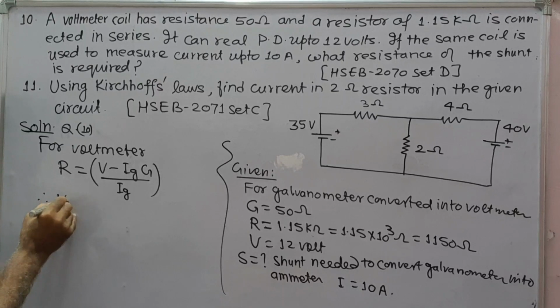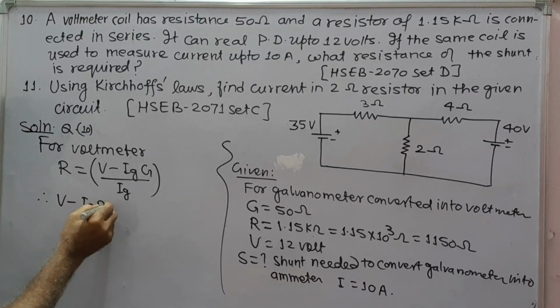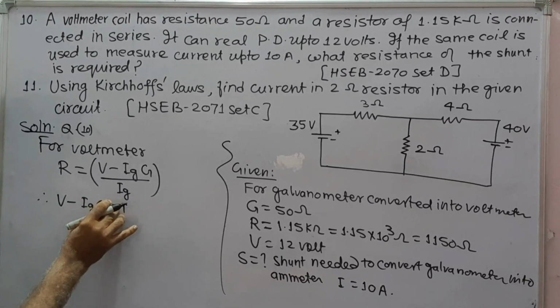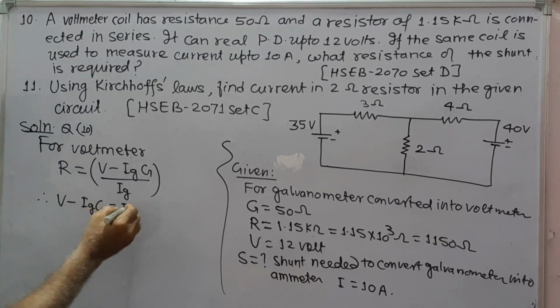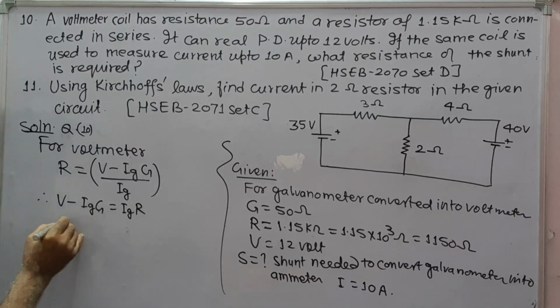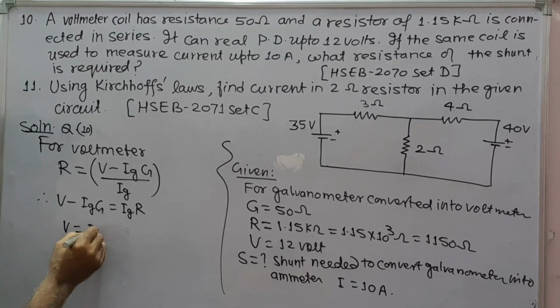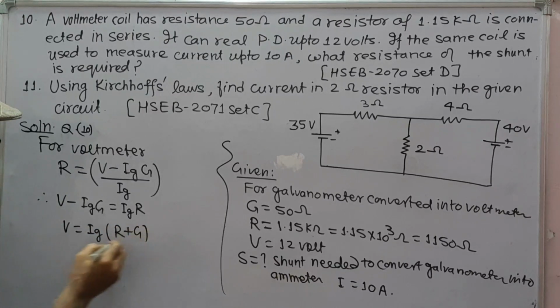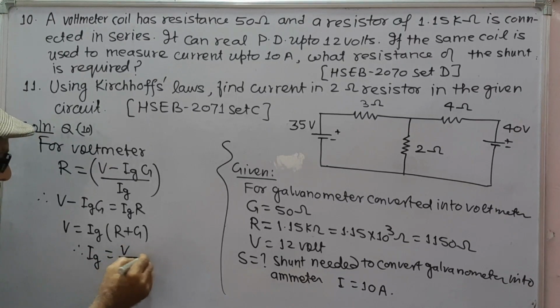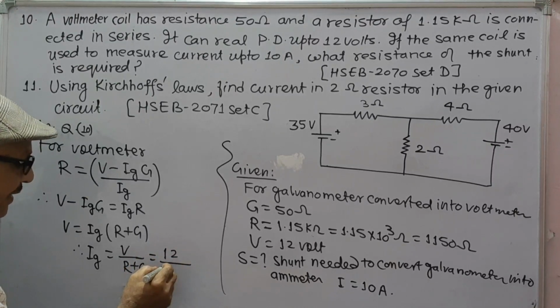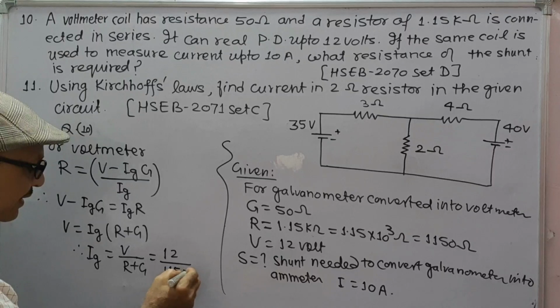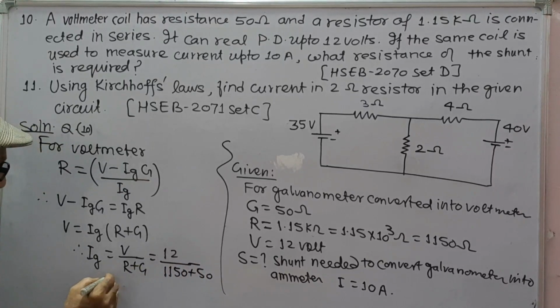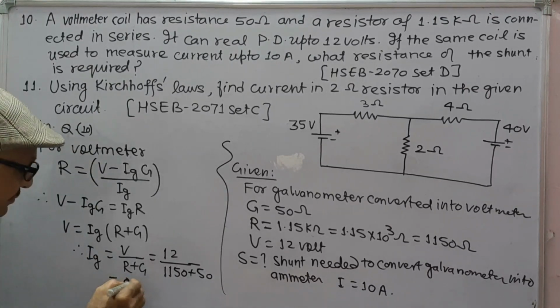Therefore, B minus Ig into G will be equal to Ig into R. B will be equal to Ig taken common, R plus G, which gives Ig as B upon R plus capital G. B is 12, R is 1150, capital G is 50. So Ig comes to be 0.01 ampere.